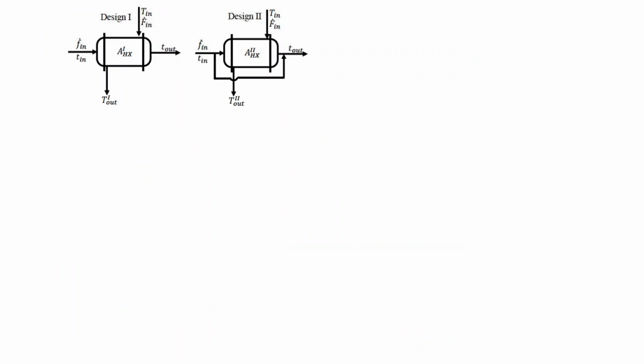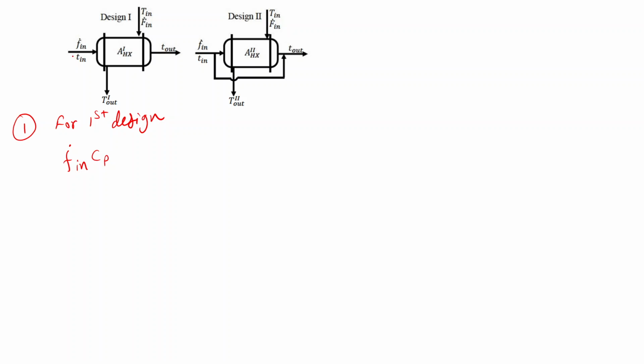So let's solve it. For design 1, let's write the energy balance. For the first design, we can write the energy balance as m Cp delta T, and here we have been given m as the mass flow rate as F in. Let's write the heat capacity as Cp.